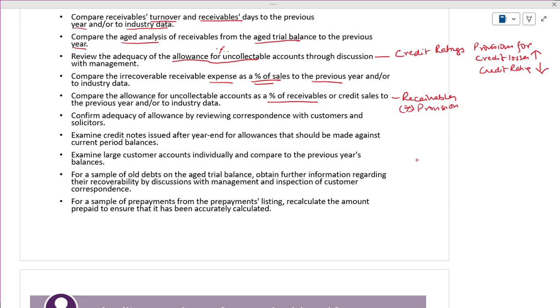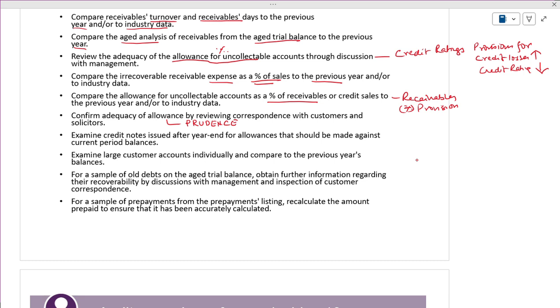We are not only to talk about the provision. When you are talking about the provision, which concept are we using? We are using the concept of prudence. We are taking all precautionary steps.